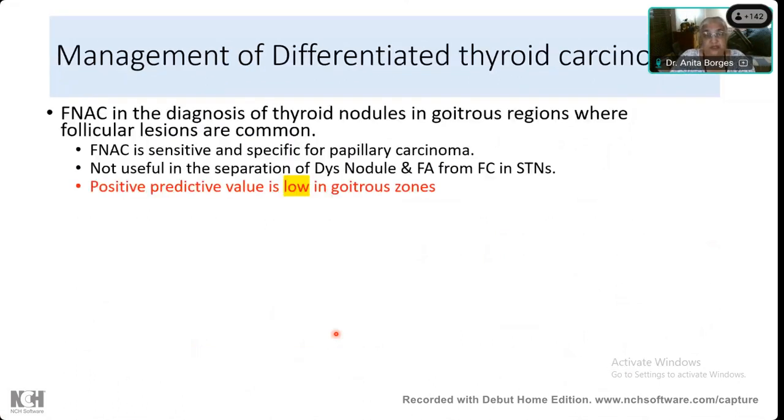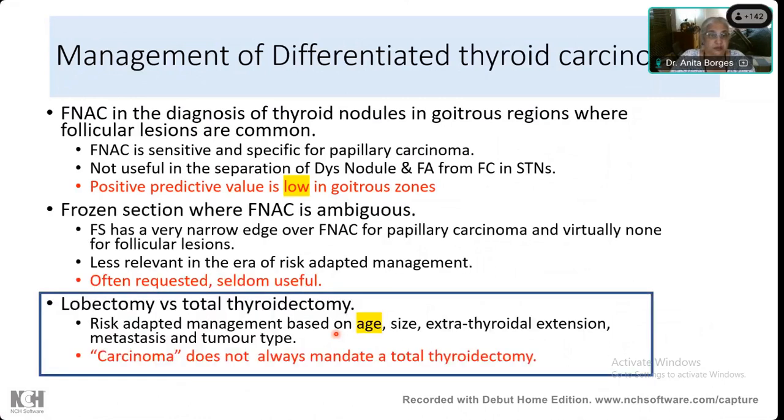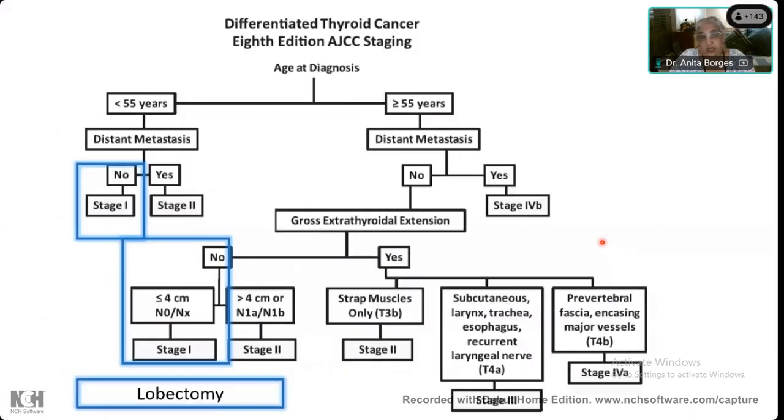I believe that this question of lobectomy versus total thyroidectomy is more or less solved, because if you use risk adapted management based on age, size, extrathyroidal extension, metastasis, and the tumor type, you would be able to deal with this problem. And I think pathologists would be more comfortable realizing that a carcinoma does not always mandate a total thyroidectomy. Okay, I'll leave you with this.